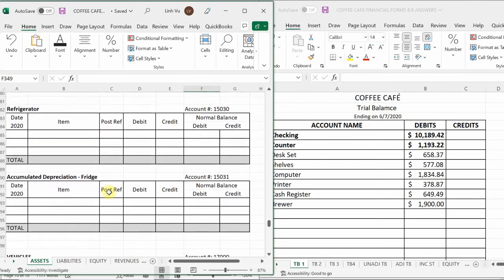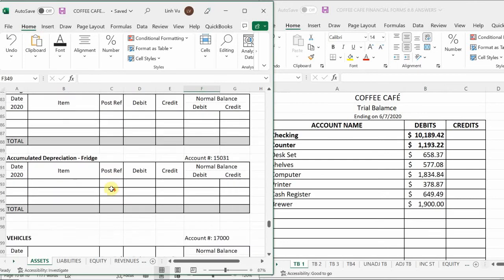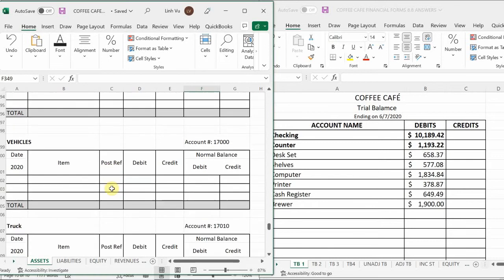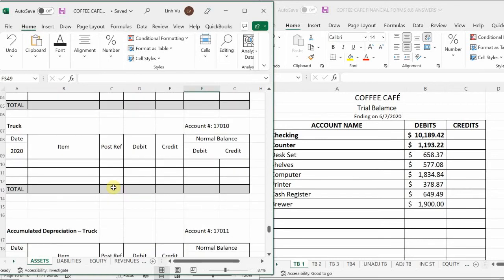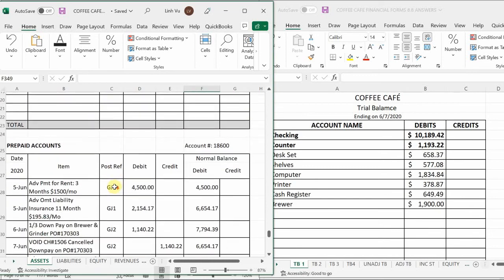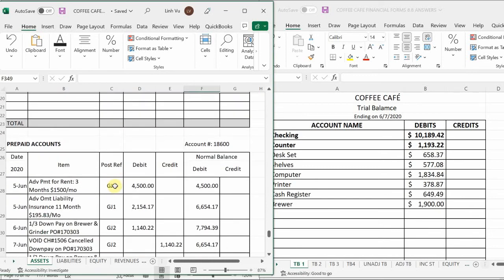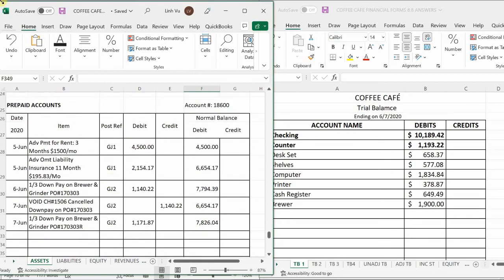Okay? What about a refrigerator? We didn't even talk about a refrigerator yet. Okay. How about vehicles? Did I buy a truck? Not yet. Okay. What about prepaid accounts? Do I have an account balance in my prepaid accounts?